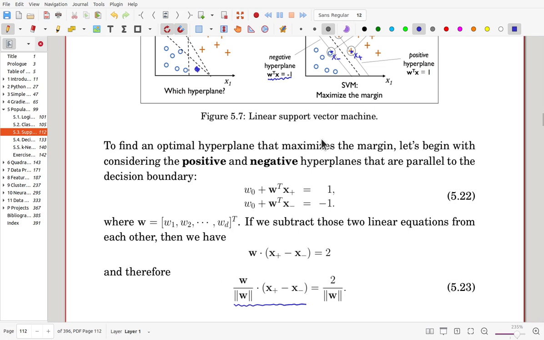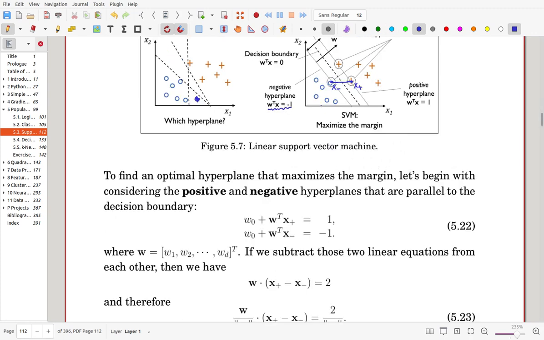Here, x plus minus x minus is a vector, and W over the norm of W is a vector of length 1, the normalized weight vector. When you define a hyperplane with that equation, W is a normal vector.